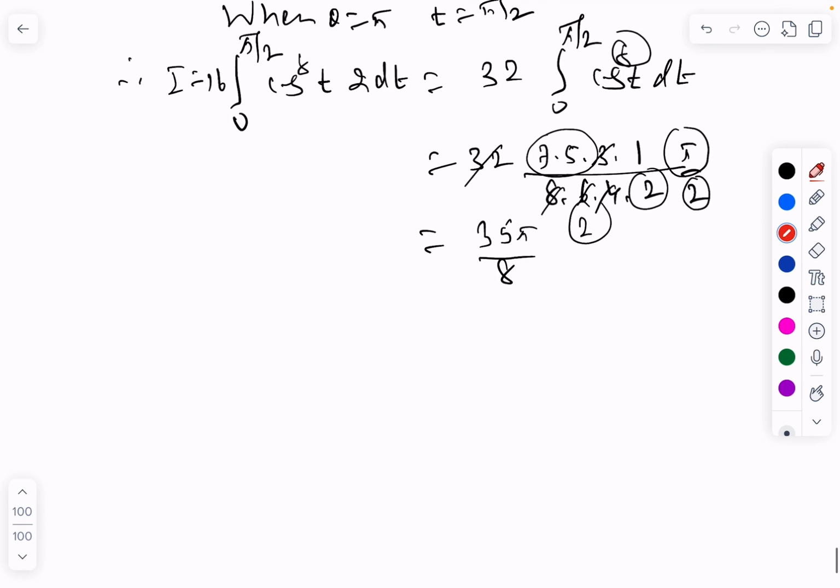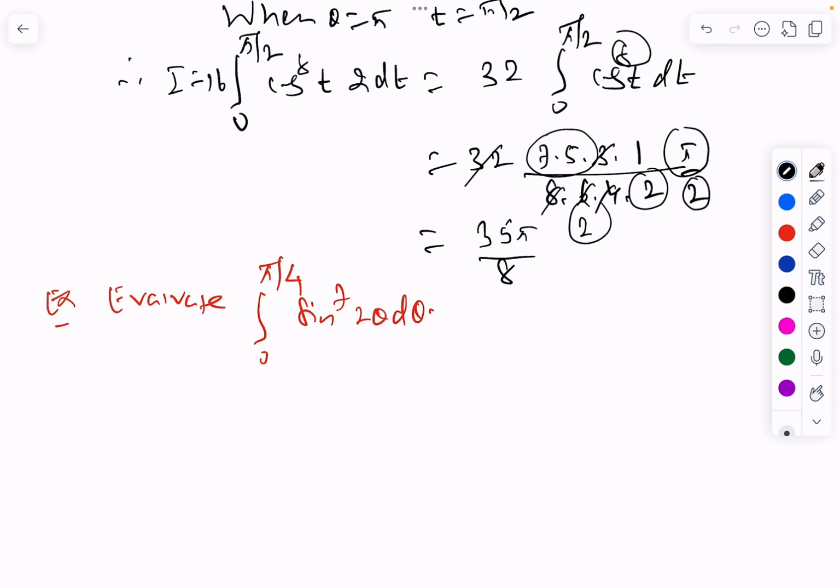Next, evaluate 0 to pi by 4 sine power 7 2 theta d theta.